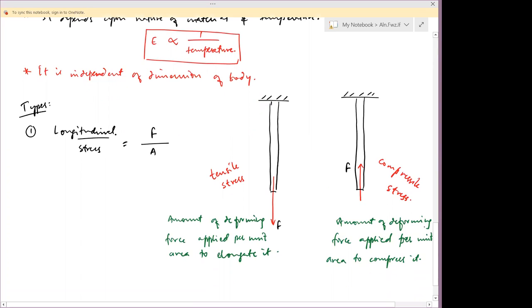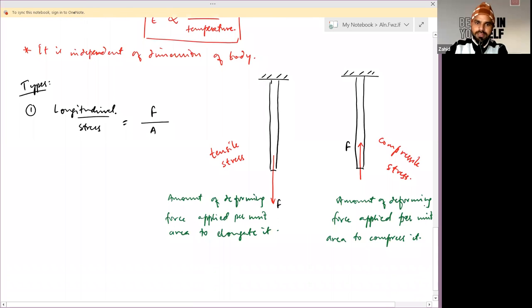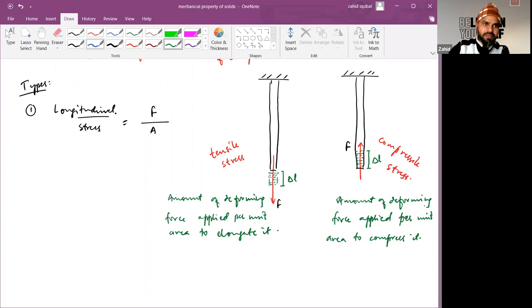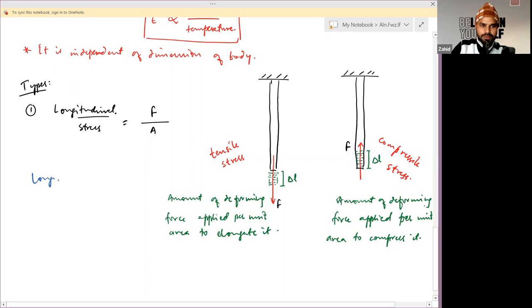Yes, sir. Now, due to the application of deforming force, there will be a change in its length, delta L, along this direction, and in this part, delta L along this direction. So we may define longitudinal strain to calculate the amount of deformation produced in this body.